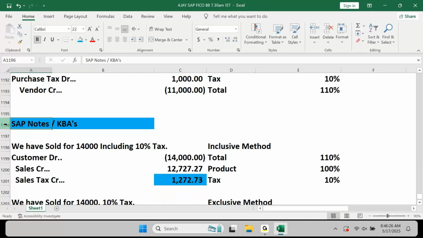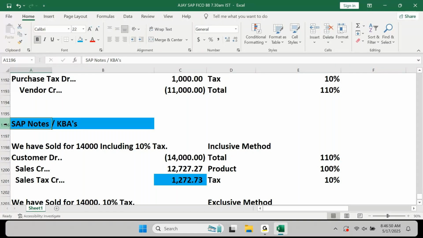Sir, are SAP notes and KBAs the same? No, KBA is nothing but a knowledge-based article. A note will have an instruction on what to do. If any configuration change is to be done, or any program is to be corrected, those instructions will be given in the note. If any information is to be given, it is a KBA.